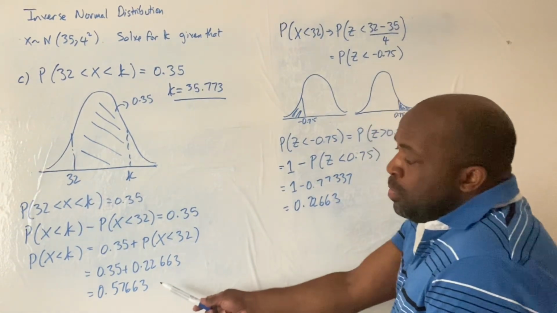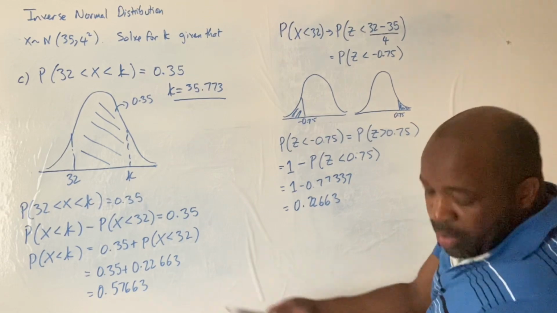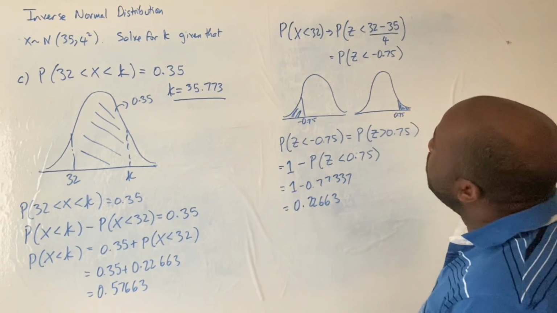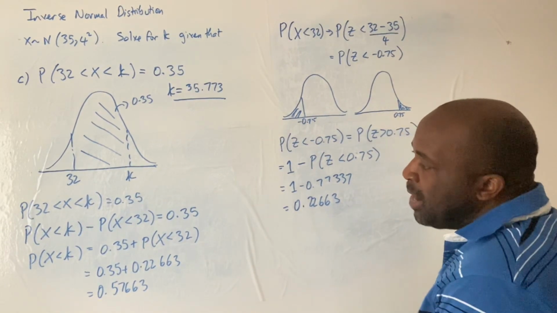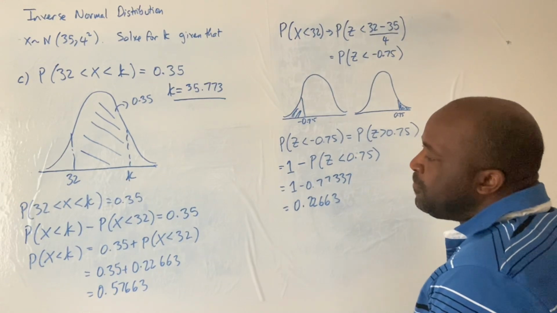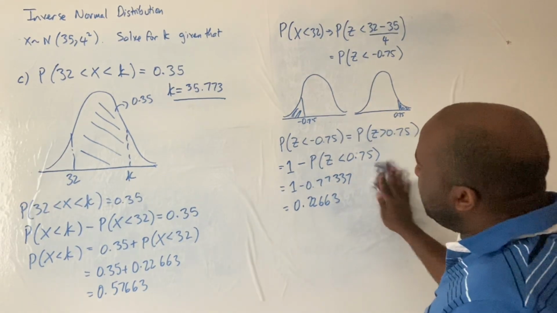So again, now we would continue to use the Z statistic approach to solve for k. So let's erase this.